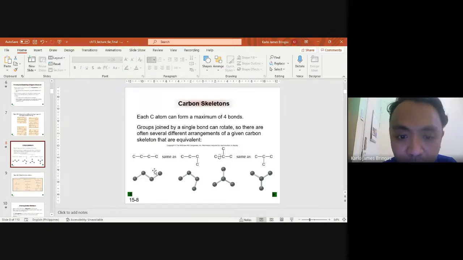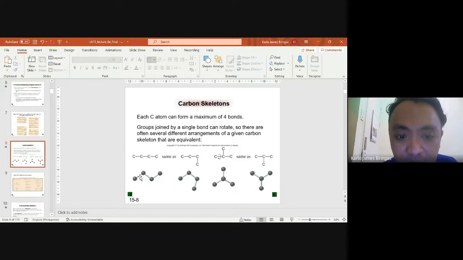So this one here, the first one, and the second one, they are just the same. However, our first one is no longer the same as this. So why are they different? It's because their arrangement is no longer the same.